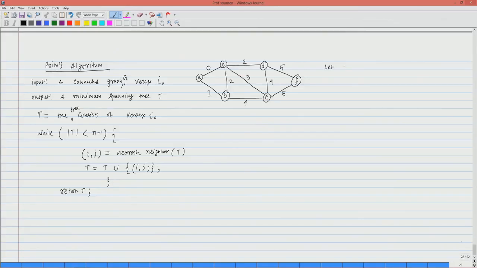So, the input to this algorithm is a weighted graph and the vertex i naught.